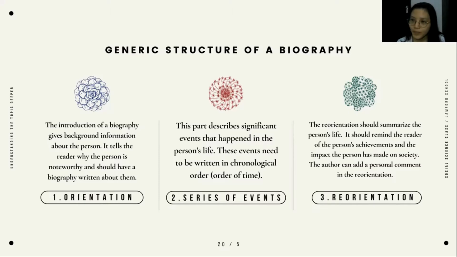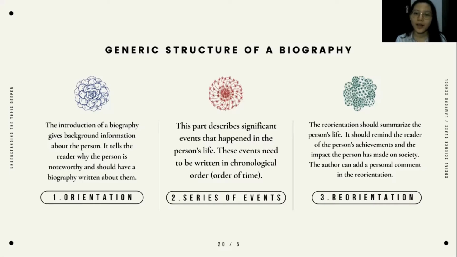Because you can't just write about anyone. The lives of people who are usually turned into a biography are those who have made an impact to this world, either bad or good. So, in this orientation, the author will usually talk about why this person is important, basically.